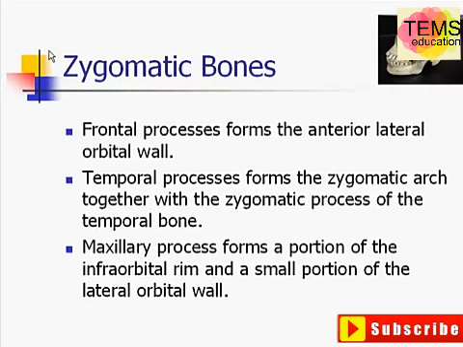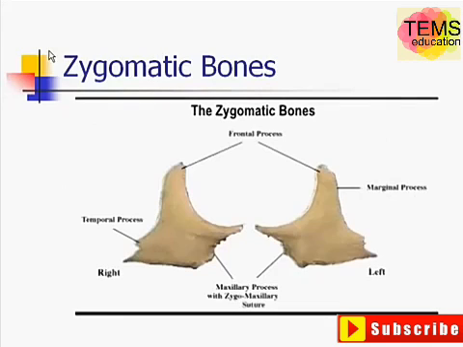The temporal forms the zygomatic arch together with the zygomatic process of the temporal bone, and the maxillary process forms a portion of the infraorbital rim. Infra would mean below. And a small portion of the lateral orbital wall.